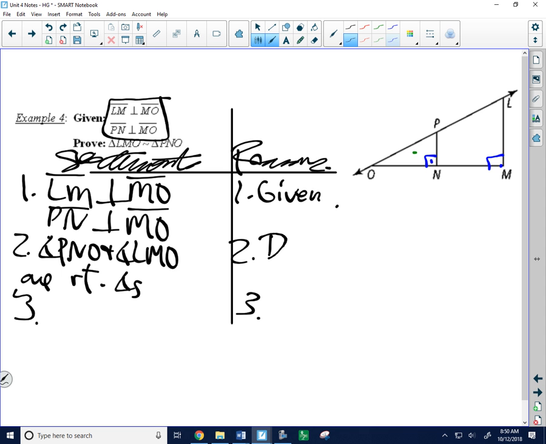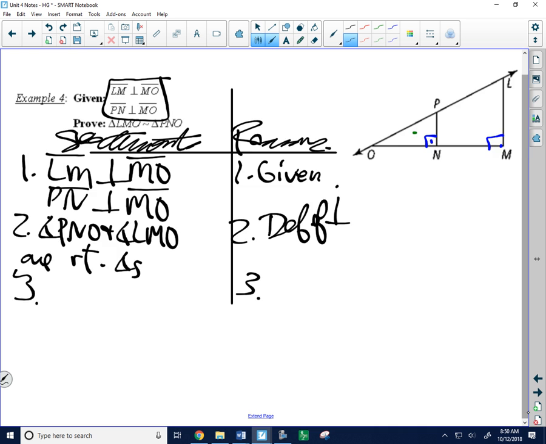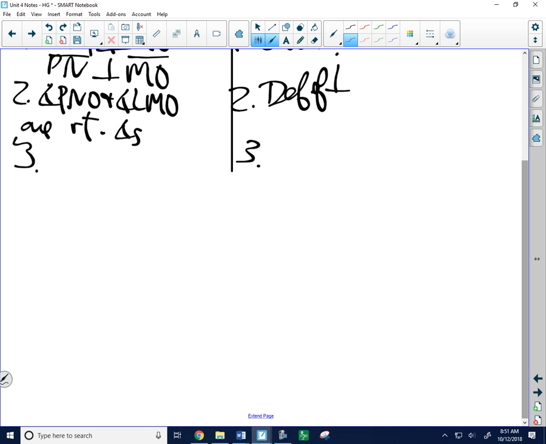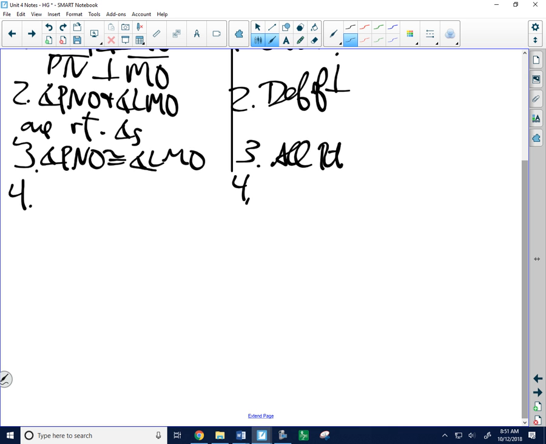This is just what perpendicular means. Intersects to form right angles. So definition of perpendicular. And then we can say that they are congruent. Angle P and O congruent to angle L and O. All right angles are congruent.